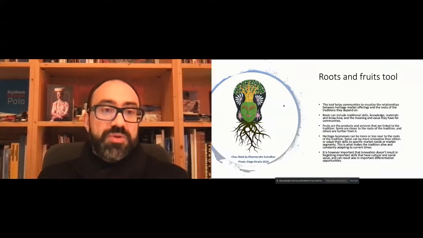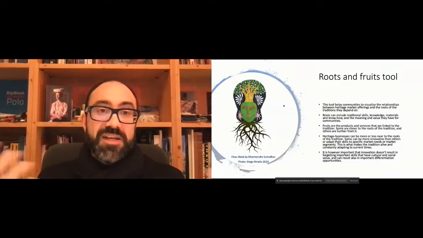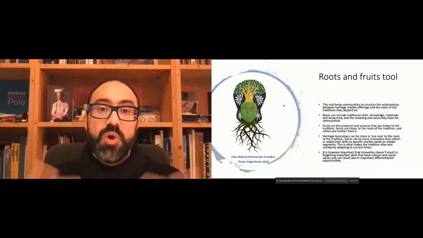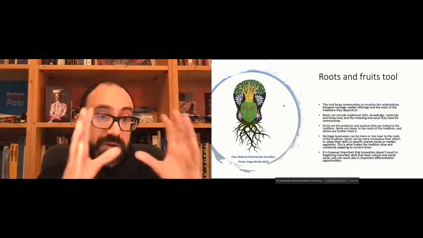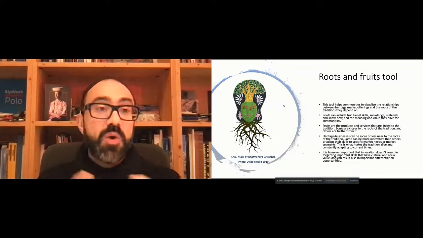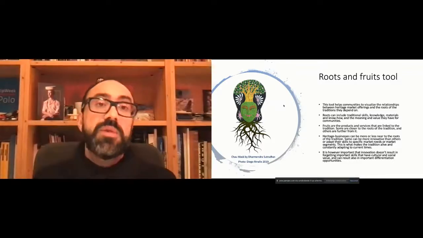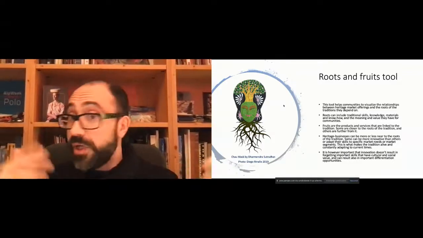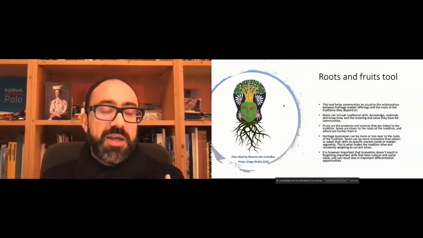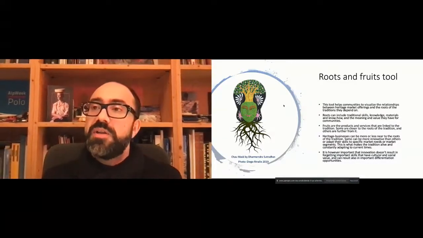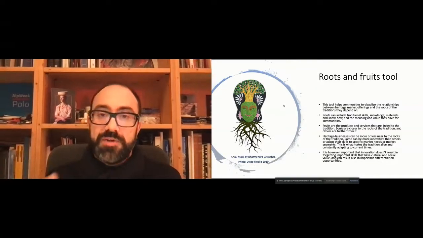So roots are skills, know-how, knowledge, traditional ways of doing things. These are in the roots, whereas the fruits can be products, services, training, experiences, everything that can be turned into something that people are willing to pay a price for.